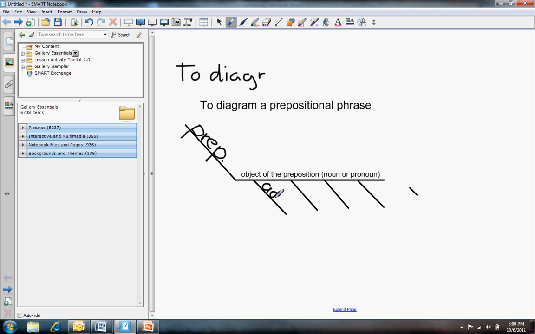Please pardon my handwriting. I'm going to abbreviate again. Those are adjectives. You put each adjective on its own individual line here. So this particular prepositional phrase, if it were an actual diagram, would have 1, 2, 3, 4 adjectives with the noun or the pronoun.